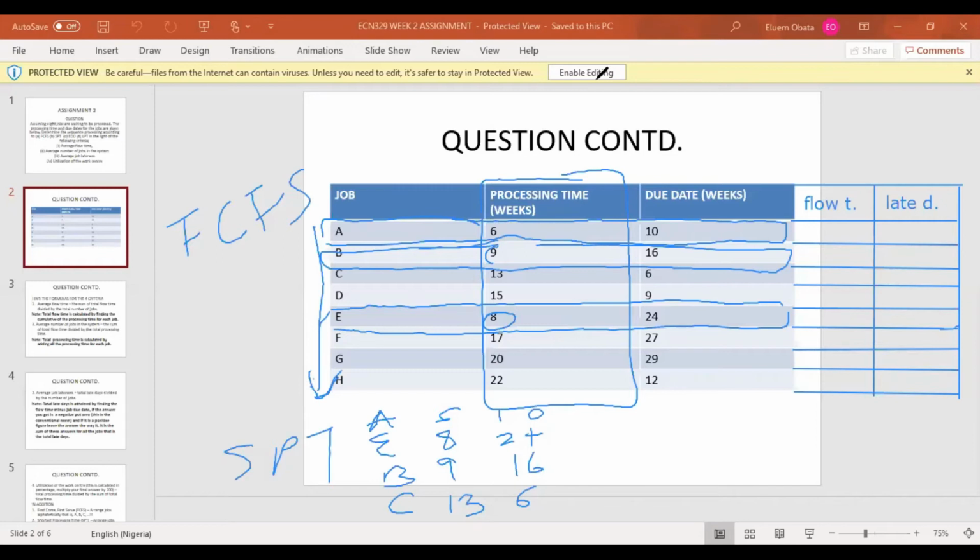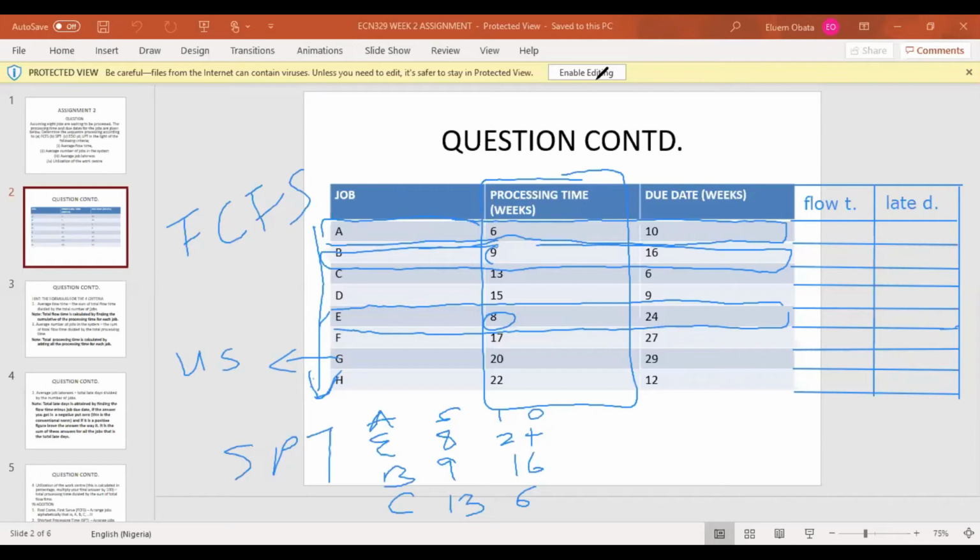And remember that when your job is waiting, they are working on the ones that came before you. So in a first come, first serve, let's say you were customer G for the shop. It means that they are going to work on A, B, C, D, E, F before our own.